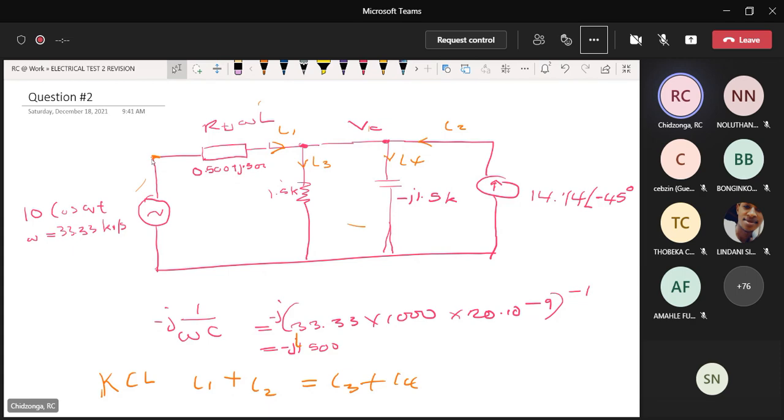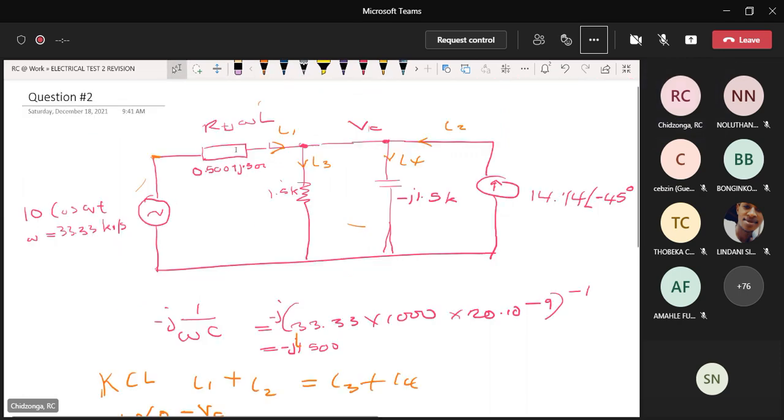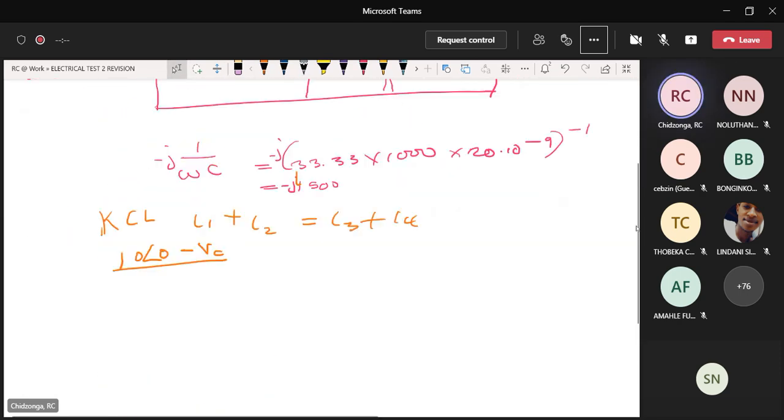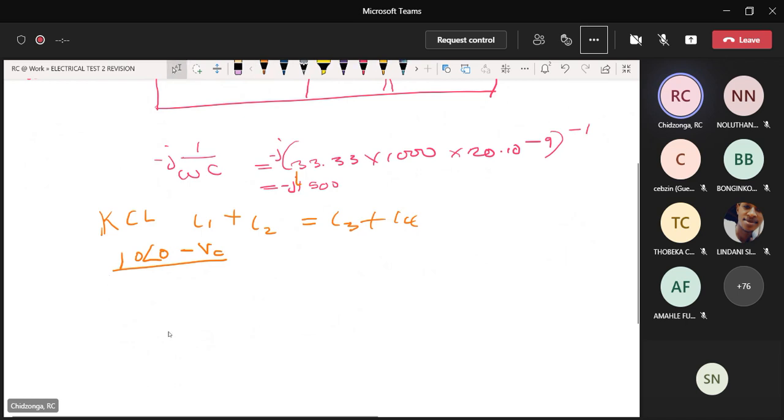So I1 is going to be 10 angle 0 minus VC, the voltage that we want, all divided by this impedance. Because this current here is in milliamps, I will express this as 0.5 plus j 0.5.